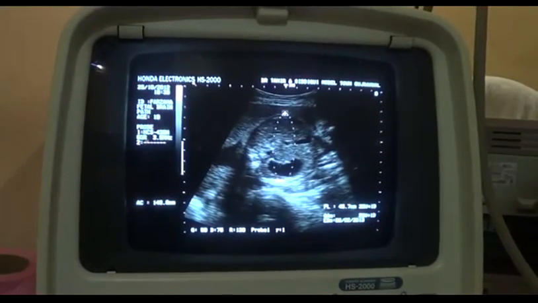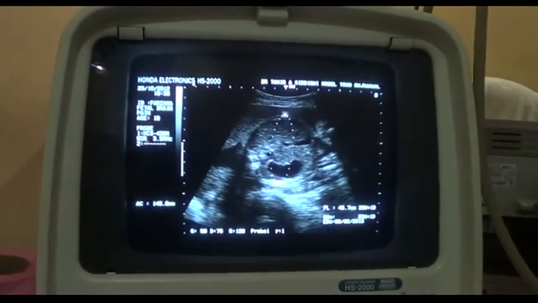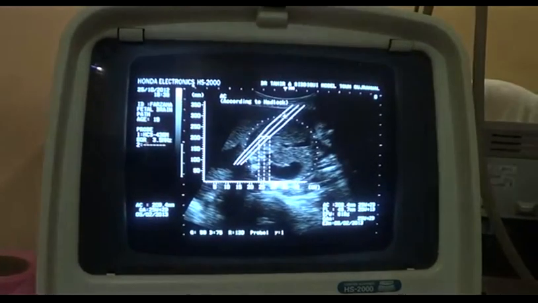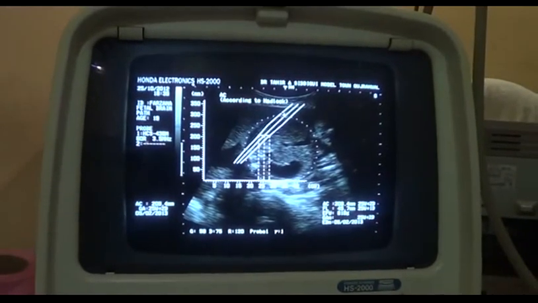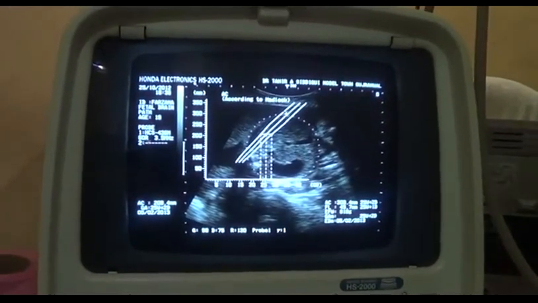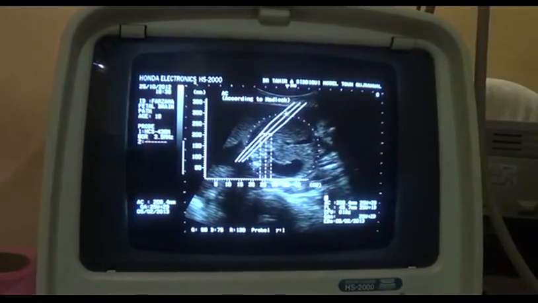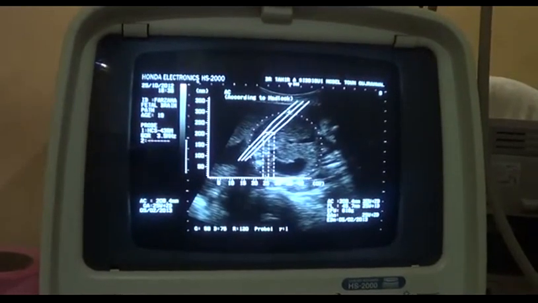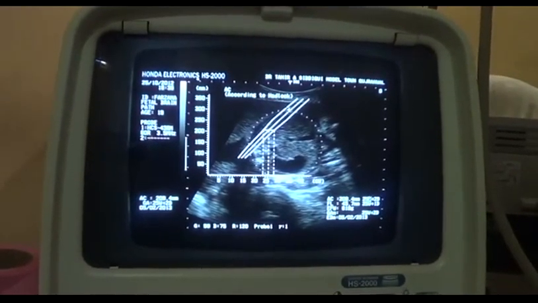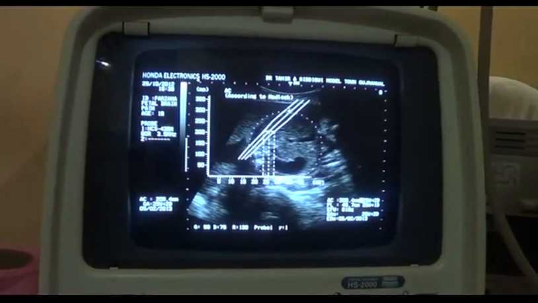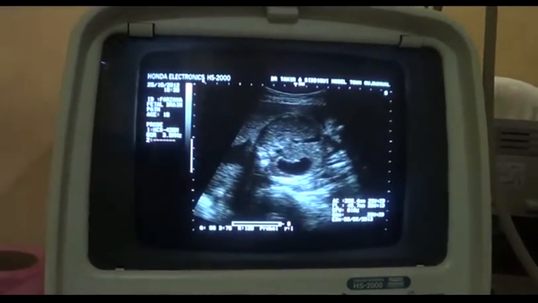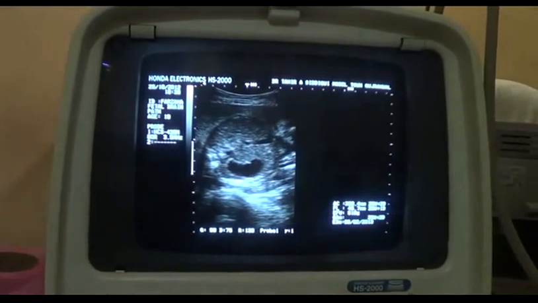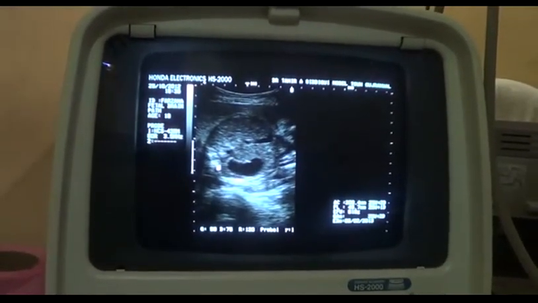Now as we have taken the femur length, if we get the abdominal circumference, we will get the weight of the fetus as well. The abdominal circumference is 209.4 millimeters, corresponding to a gestational age of 25 weeks 2 days.